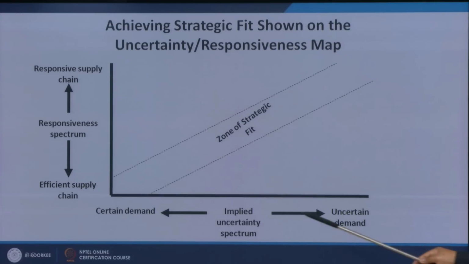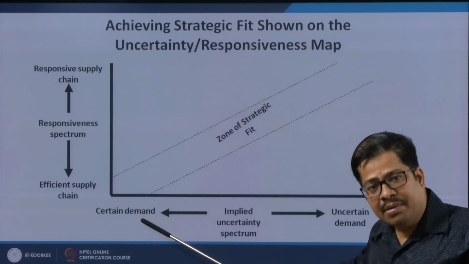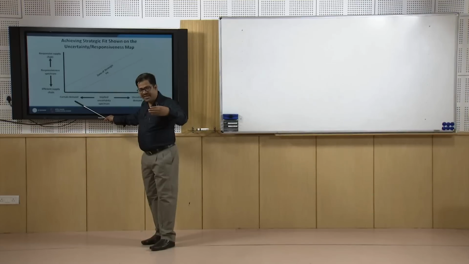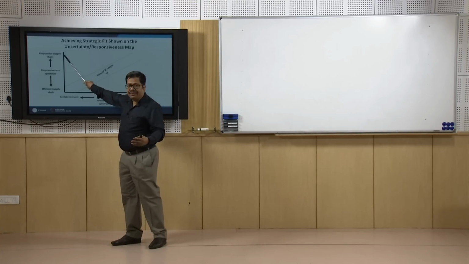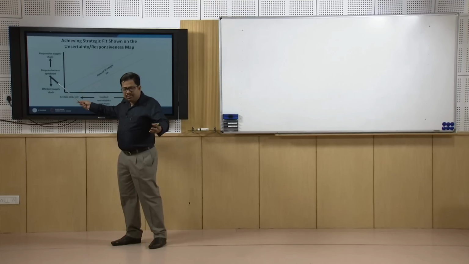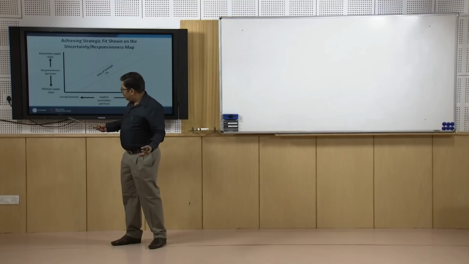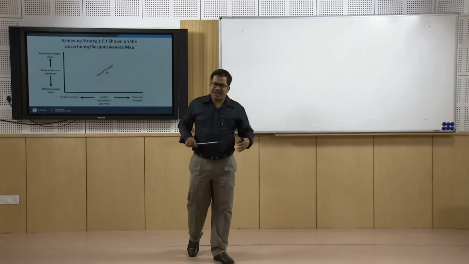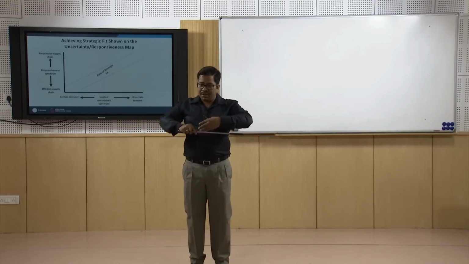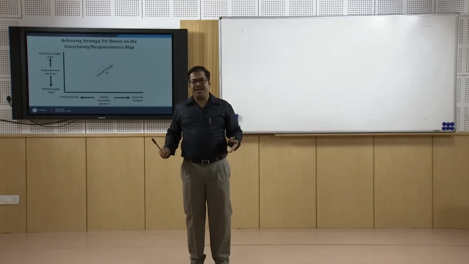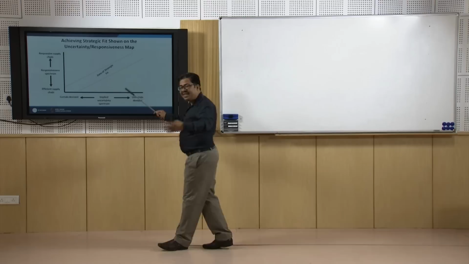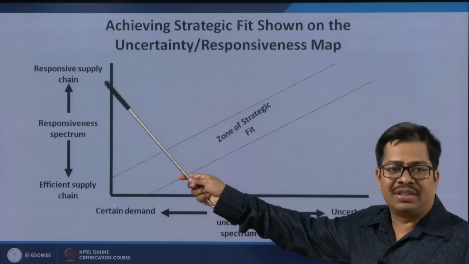So, if I have a more certain demand, a routine demand, a fixed demand, and in that case I am developing a responsive supply chain, it is useless, no point, because if I have a certain demand, the customer is not at all interested in paying me any extra premium, and that is going to be a wasteful responsiveness of the supply chain.